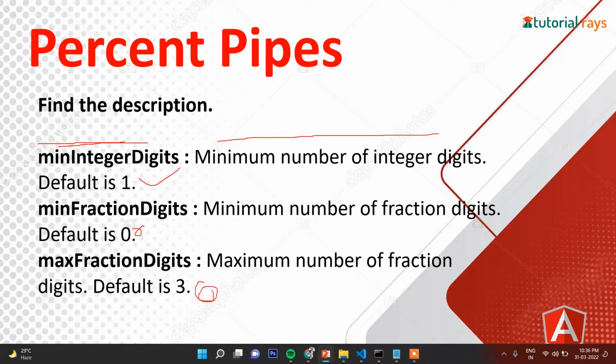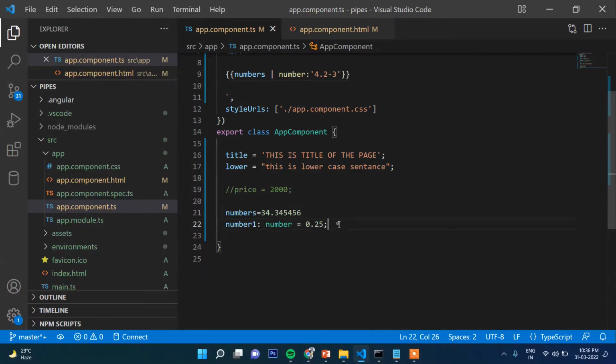So let's do one thing, let's write here a number, number 1, and I'm passing 0.25.